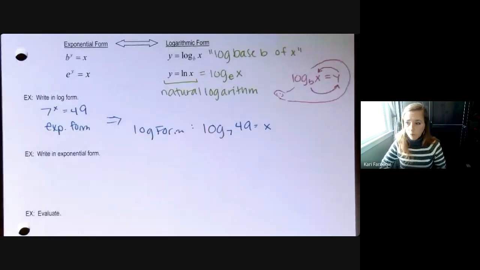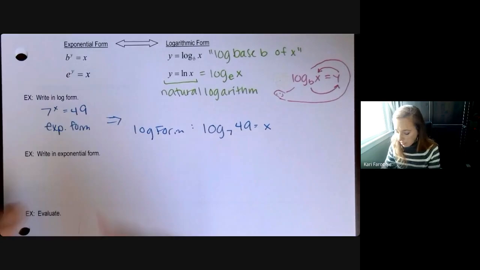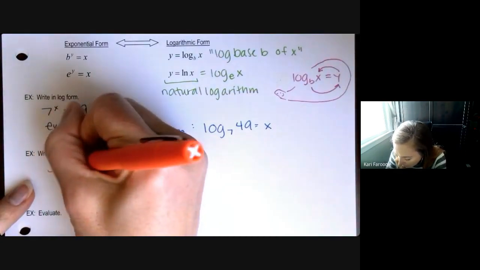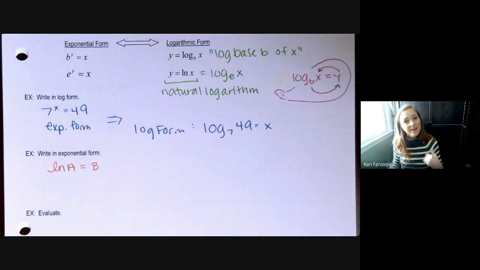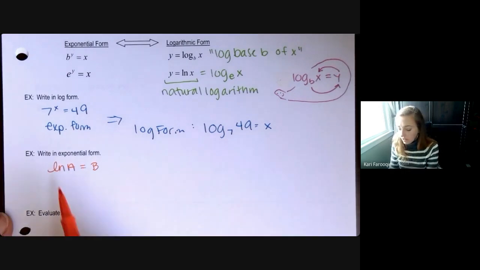All right, now this one we're going to write in exponential form. So this one is going to be the natural log of a equals b. And we're going to write it in exponential form. Personally, I would probably switch this over to log base e, because if you're going to write this in exponential form, it's a natural log.